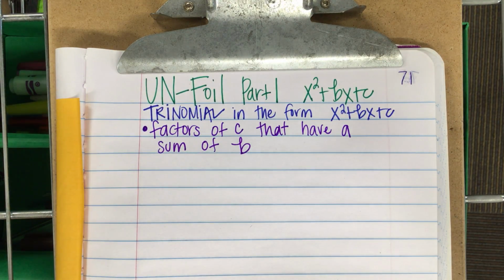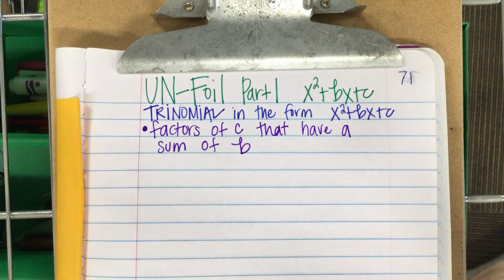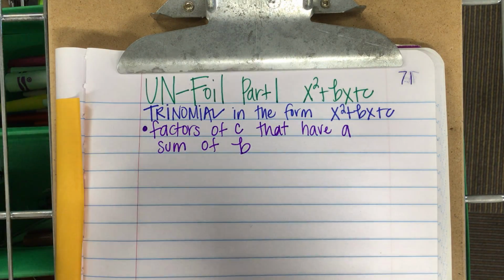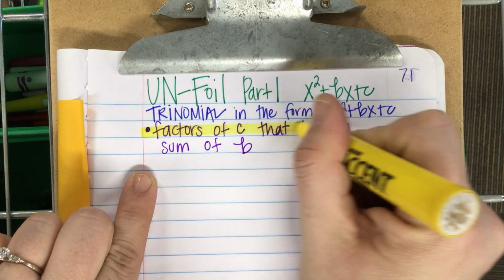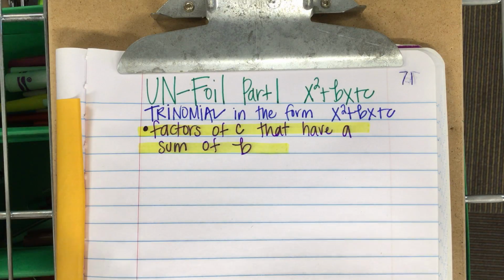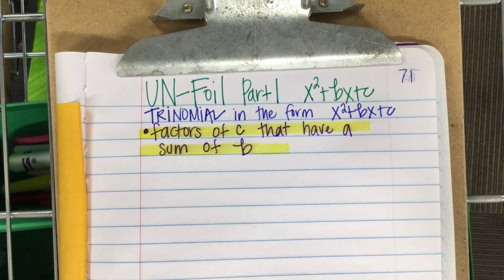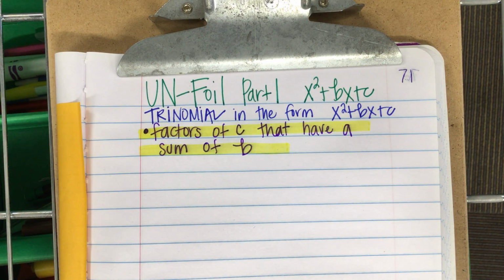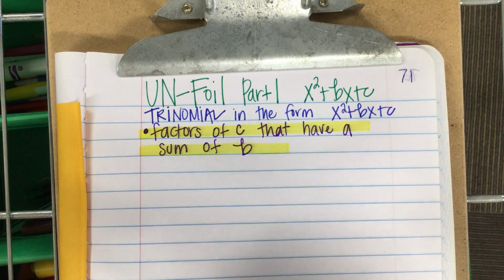We are looking for factors of c that have a sum of b. Factors of c that have a sum of b. Ready?